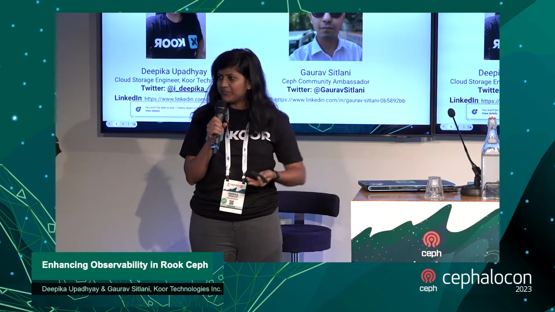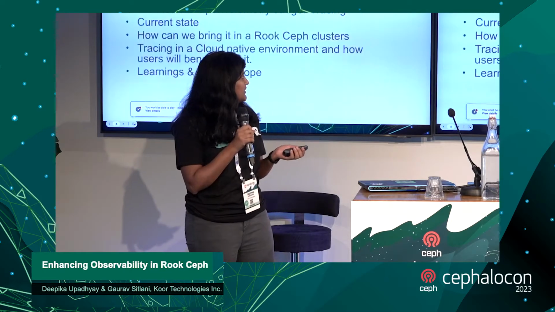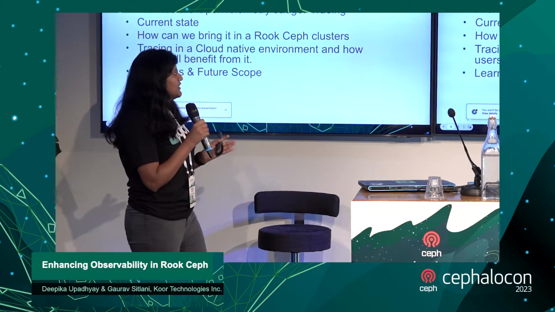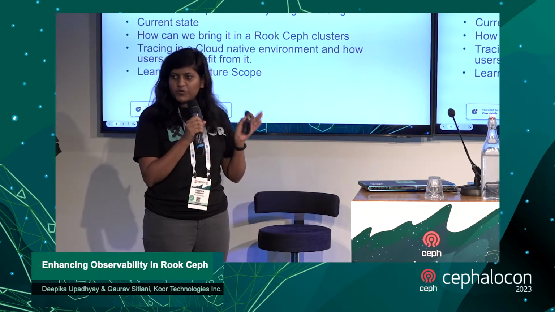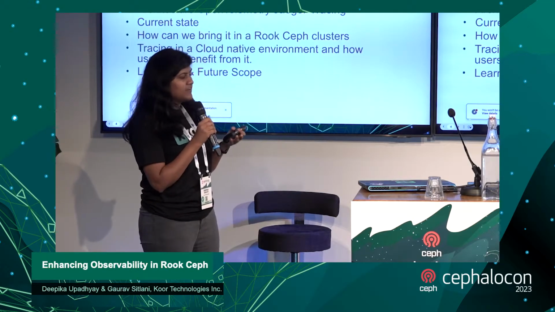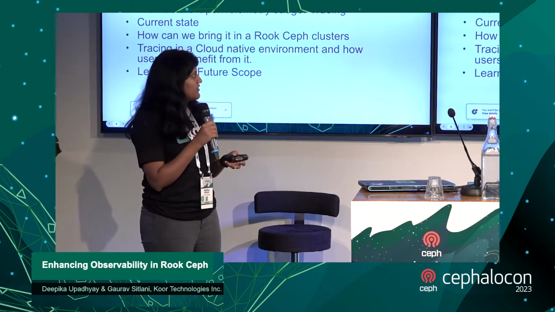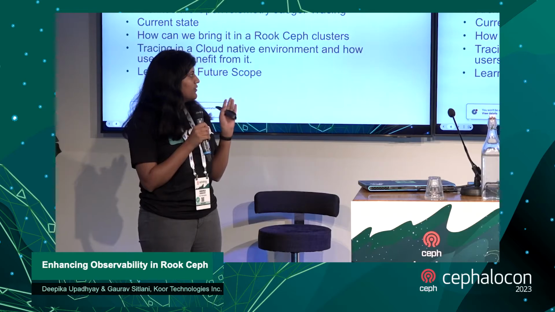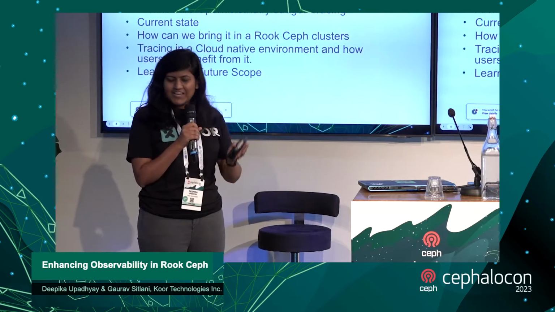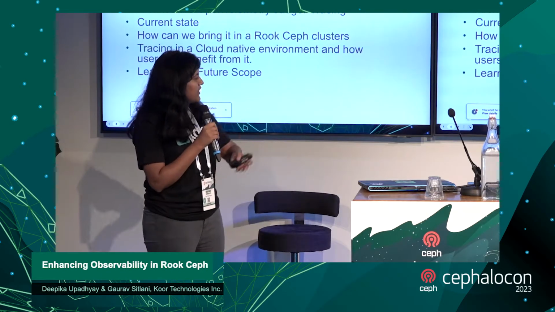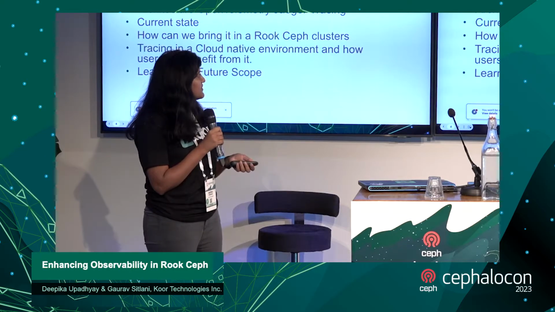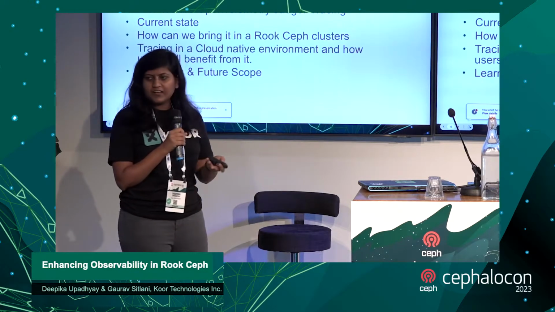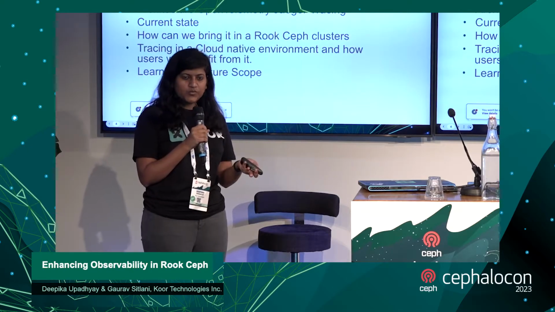In this talk, we'll briefly give an overview of what tracing is and what OpenTelemetry and Jaeger tracing are, which is what we use in Ceph as a backend for providing tracing services. We'll cover the current state of tracing in Ceph in general and what it holds for Rook as well.